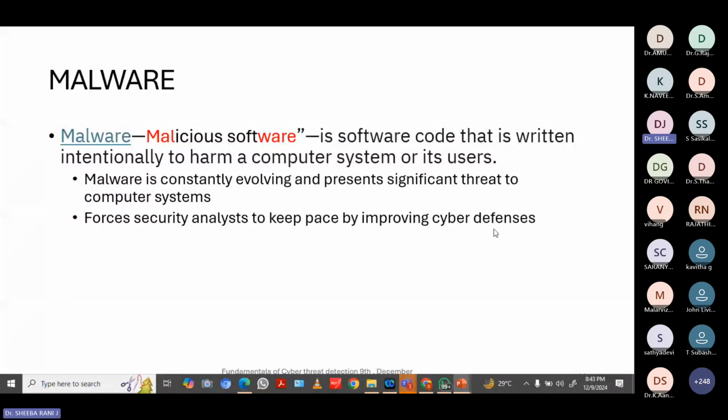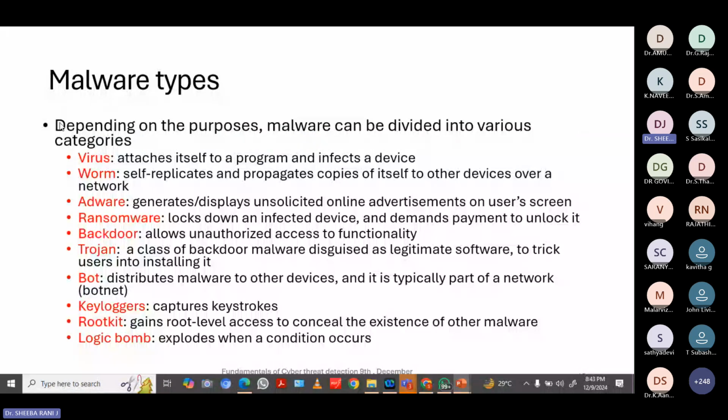And next is the validation of the cyber threat, and the defense mechanism, right? Now you see malware types. We have all heard some of the words. Depending on the purposes, malware can be divided into various categories. Virus, this we know. Worm self-replicates and propagates copies of itself to other devices over a network.